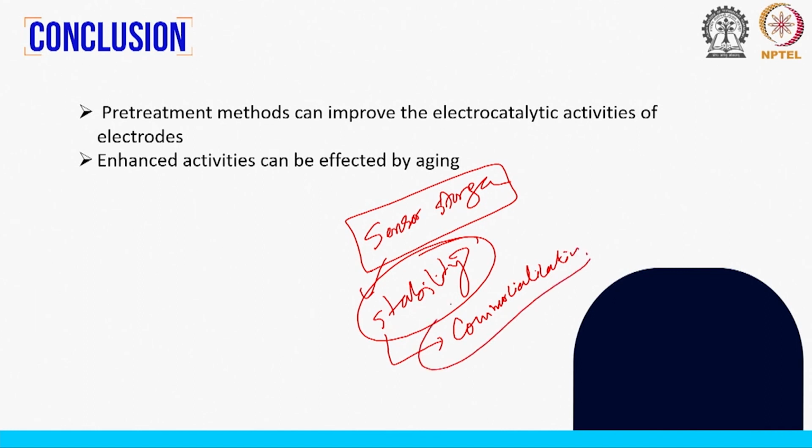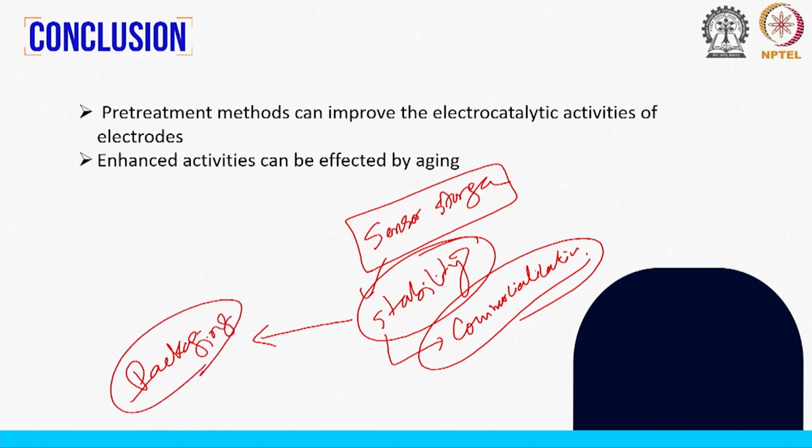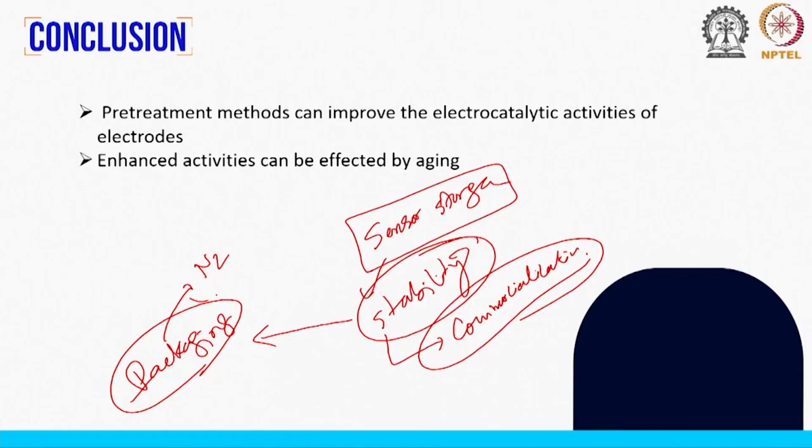Why? Maybe you fabricated one sensor and you have to go for packaging. Another important point is which system you are using to store the electrodes. You may need to store them in a nitrogen environment or in vacuum conditions.